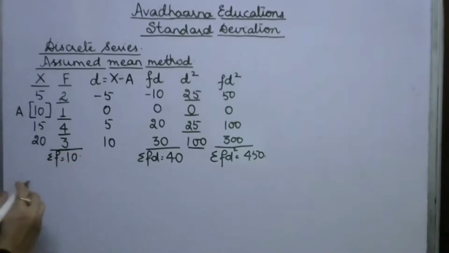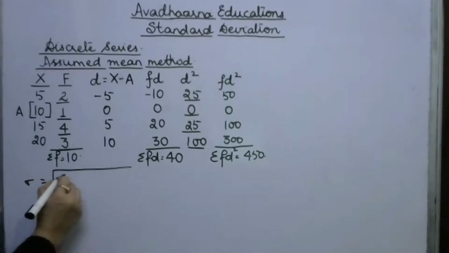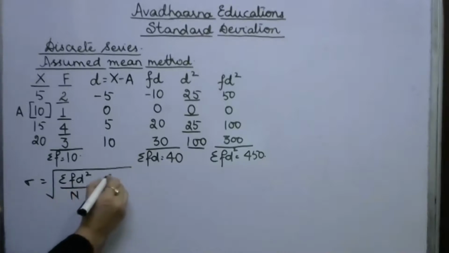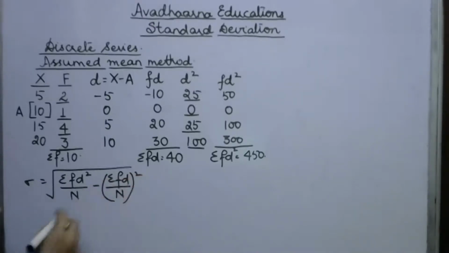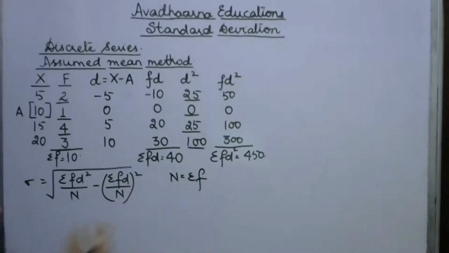Now let's put the values in the formula for calculating the standard deviation, which is square root of summation fd square over n minus summation fd over n, whole square, where n is nothing but summation f.